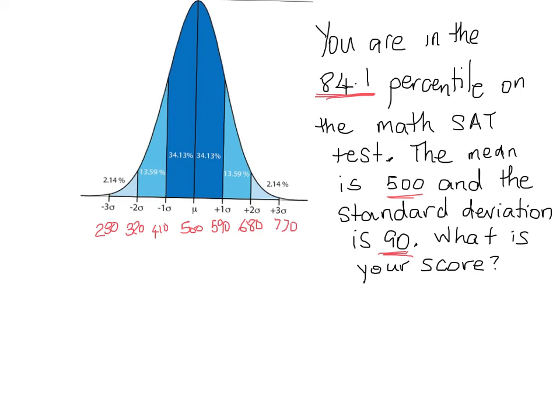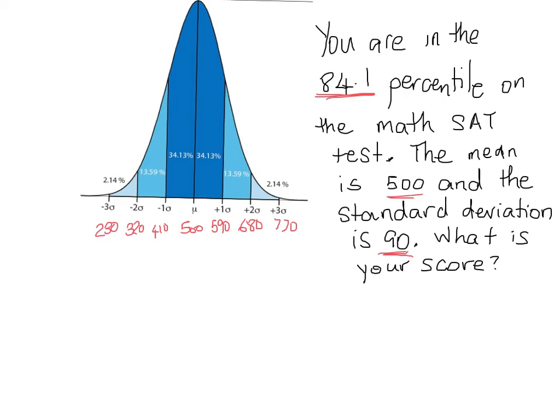And I want to know the probability that, well, actually, now we do know the probability. We're asking for your score. So if you're in the 84.1 percentile, that means you scored higher than 84.1% of the people that took this test.